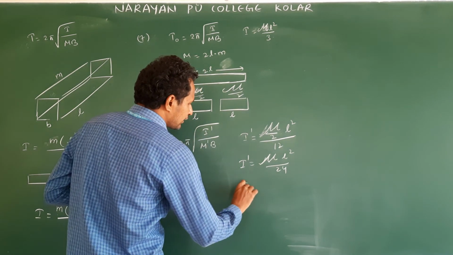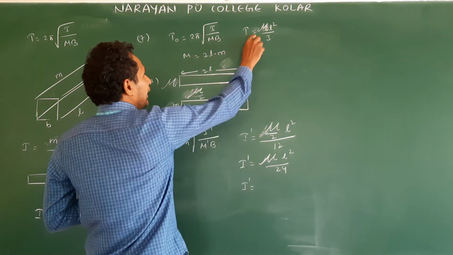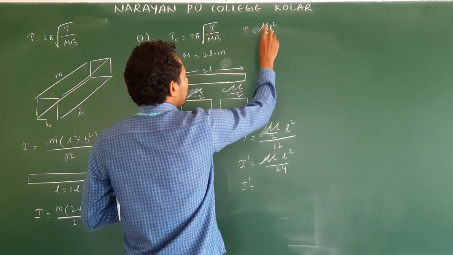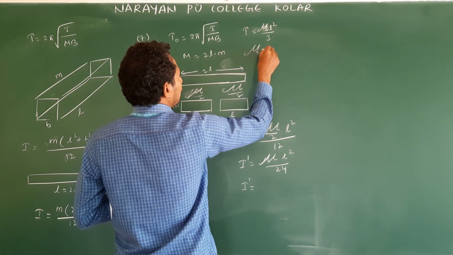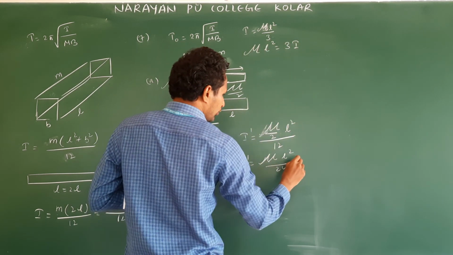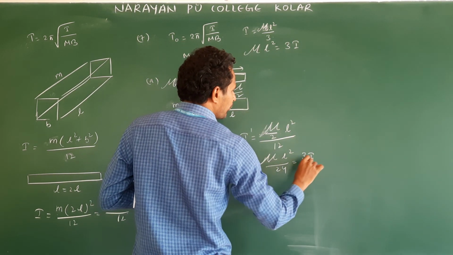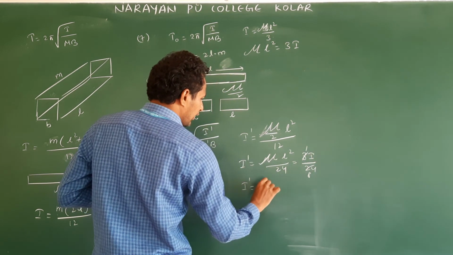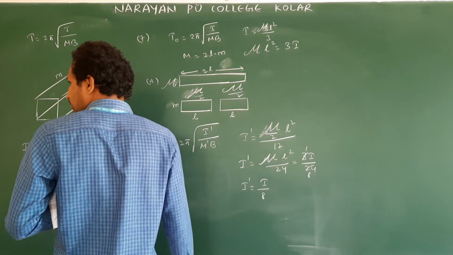Then I dash in terms of I, how do we write? From this, if you make it subject to M L square, then this will be 3I. So this is equal to 3I by 24. 3 ones 8. So this is I by 8.